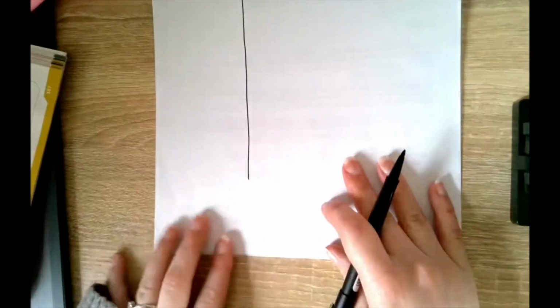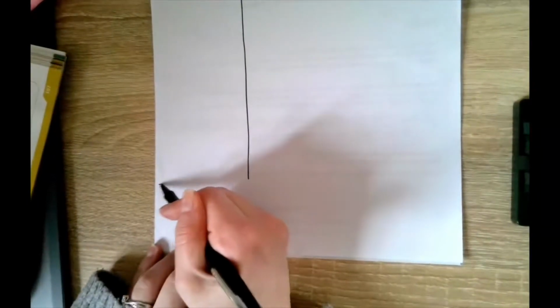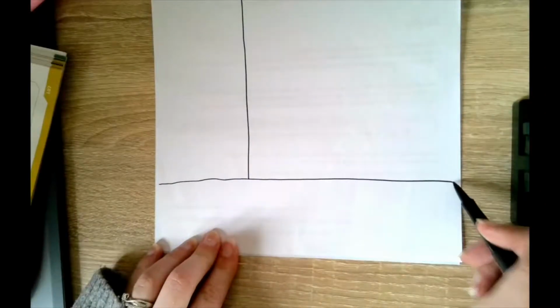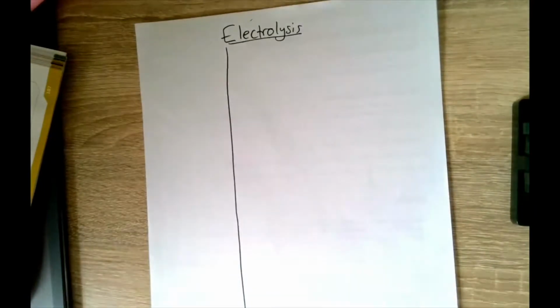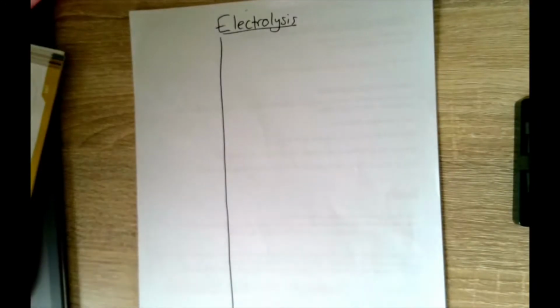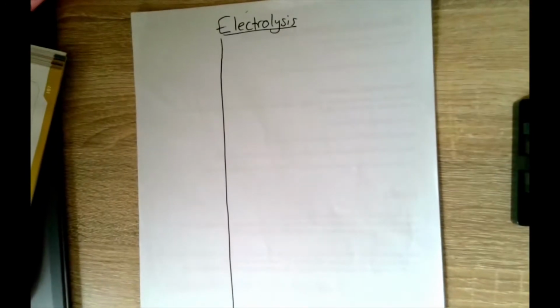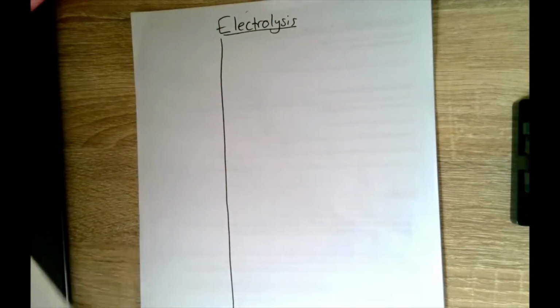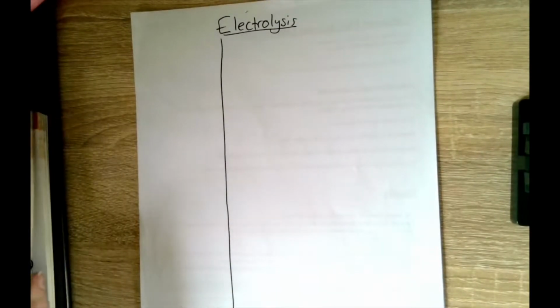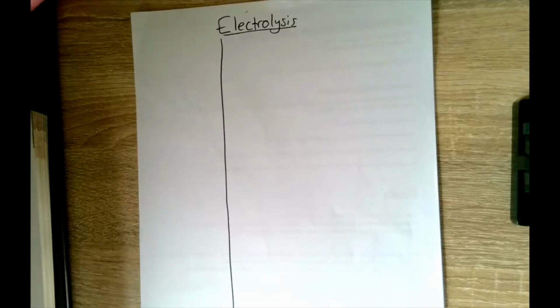And then at the bottom, some space for our summary of what we have been writing down. So for you to be able to do your electrolysis Cornell notes, you could either use your textbook, which I've got here, or you could use a revision guide or your already existing notes.